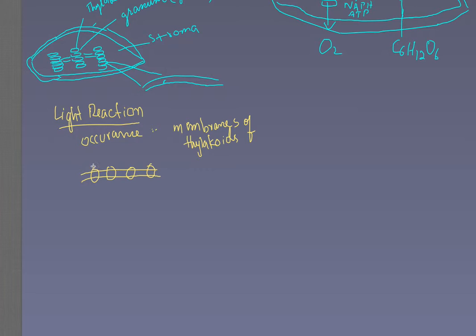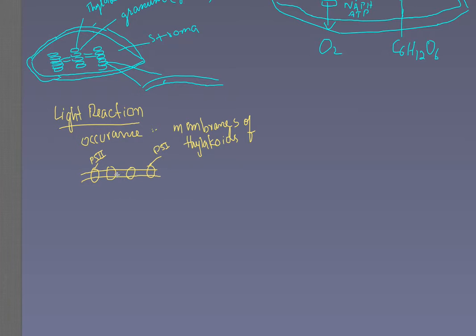Basically there are two kinds of complex proteins which are the key area where this whole process starts. One is called PS2, and I'm not talking about PlayStation 2 right here. The other one is called PS1.